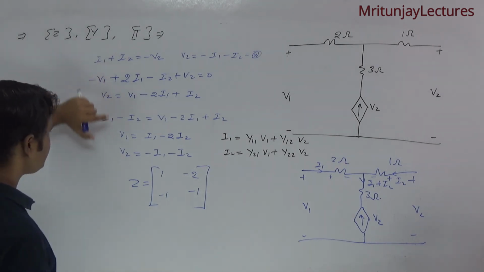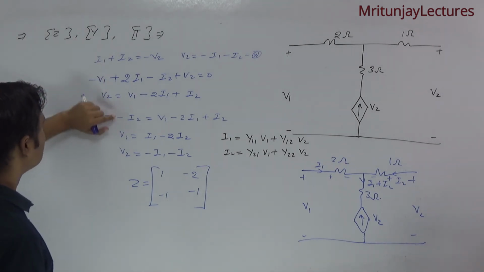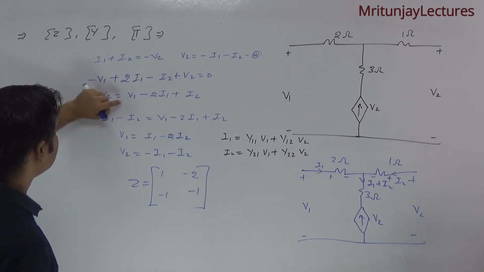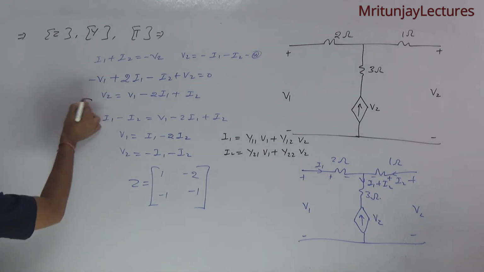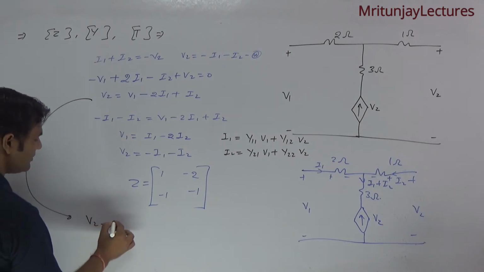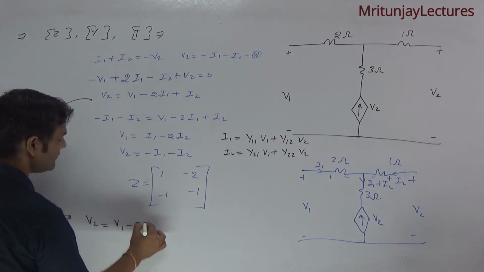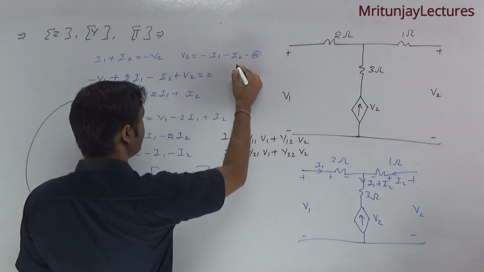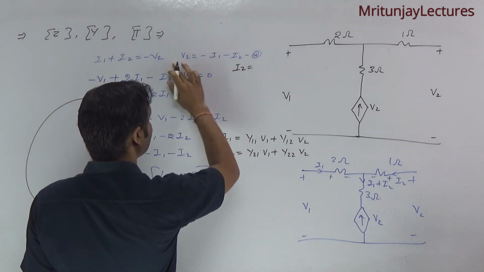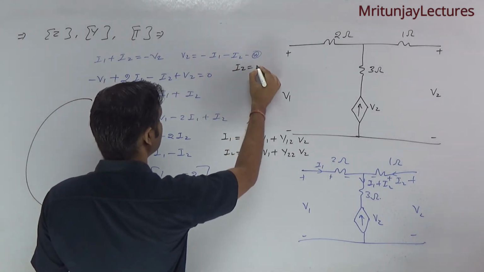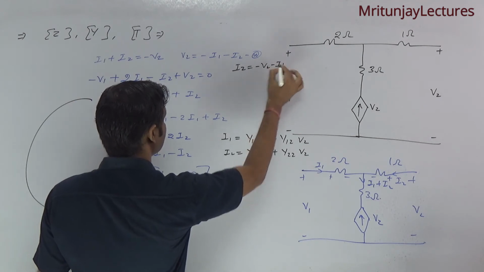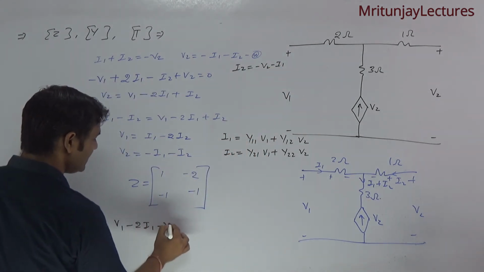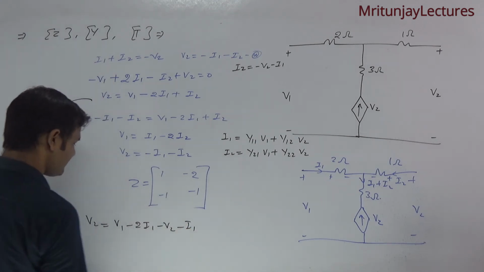From this equation or this equation, check here, V2, V1. V2 is equal to V1 minus 2 I1 plus I2. What about I2? From here, I2 will be equal to minus V2 minus I1. If this value is put here, then we get minus V2 minus I1.